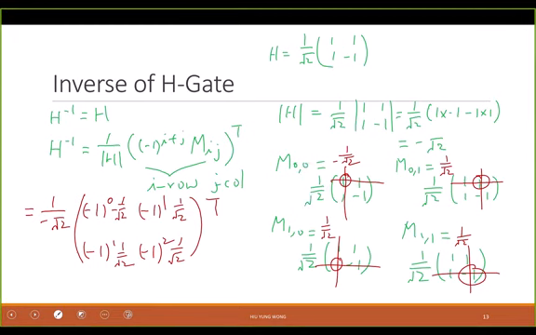Yeah, but the matrix you just think about should put the 1 over square root 2 inside. Right? Just factor it out. The whole matrix is 1 over square root 2.